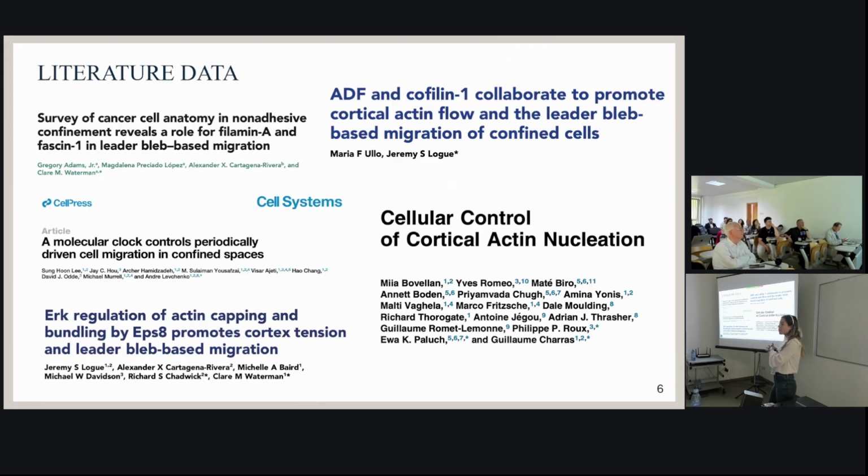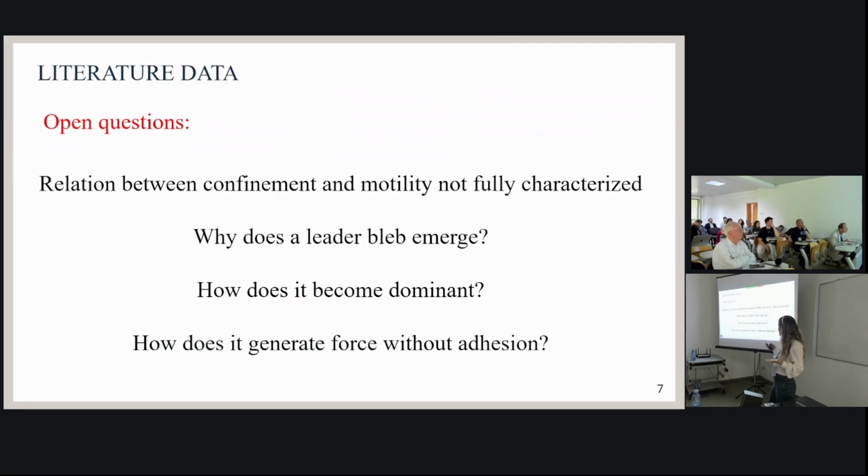This is more biological, and in this project we are focused on the physics. So in spite of the literature, the full characterization of the relation between confinement and motility is not known. There are several questions we needed to understand about how cells move in this type of behavior.